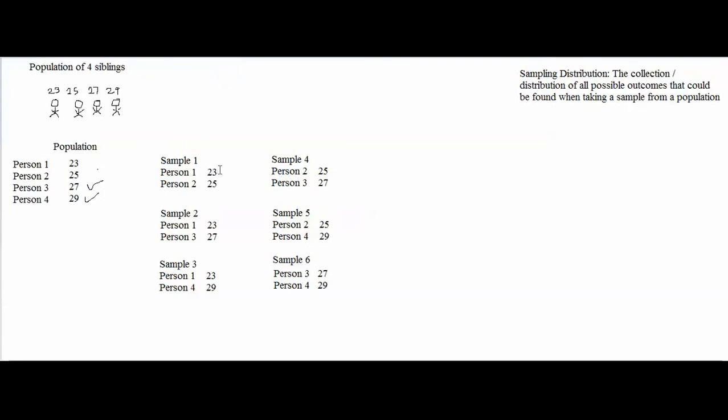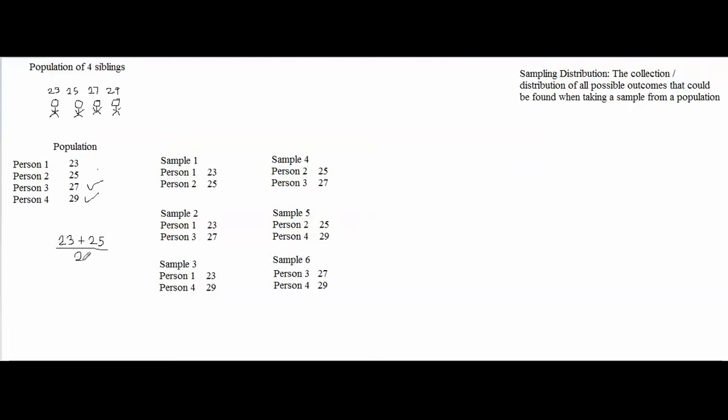Let's start by finding the mean of sample 1. To get the mean of sample 1, we have to add the 2 numbers and divide the total by 2. So we're just adding the 2 numbers and dividing by the number of numbers.